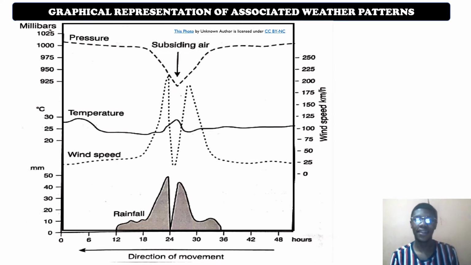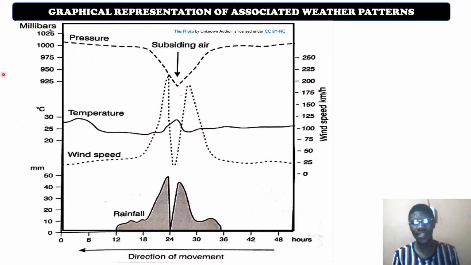Now, again, since we have established that the two parts of our system are showing us your first vortex and second vortex, where we have our subsiding air, that is where you get your eye. So that's where the eye is, and we say that the eye is associated with stable weather conditions. And why are they stable? It's because we have subsiding air. And what kind of air subsides? It is cold air.